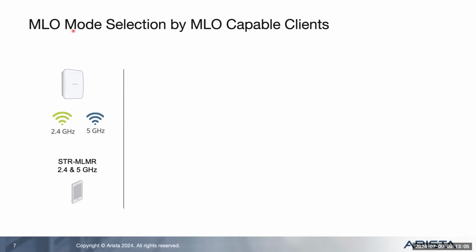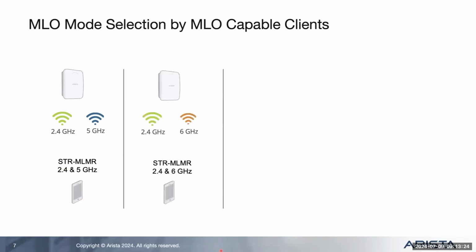From the MLO mode selection perspective, we tested this behavior across having SSIDs in multiple modes. When we have an SSID on 2.4 and 5, we see that the client did STR MLMR on 2.4 and 5 efficiently. When we have an SSID on 2.4 and 6, we see STR MLMR formation across the two links.